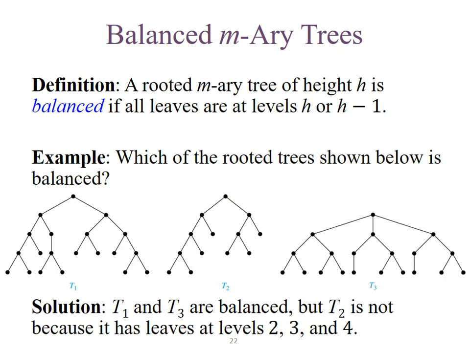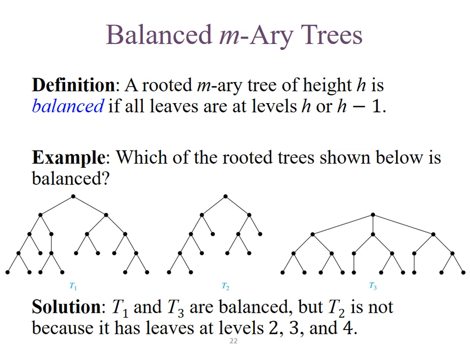All right, next let's see another definition, the balanced m-ary tree. A rooted m-ary tree of height h is balanced if all leaves are at levels h or h minus 1.